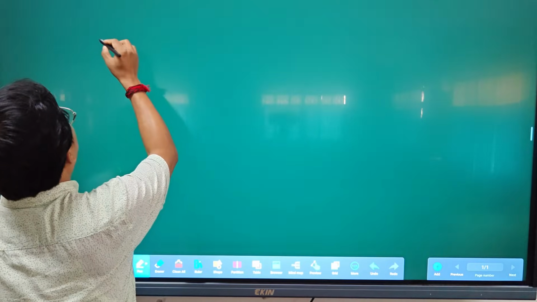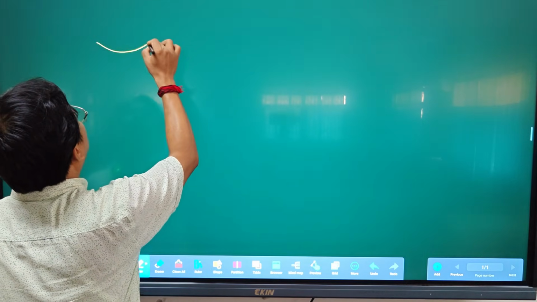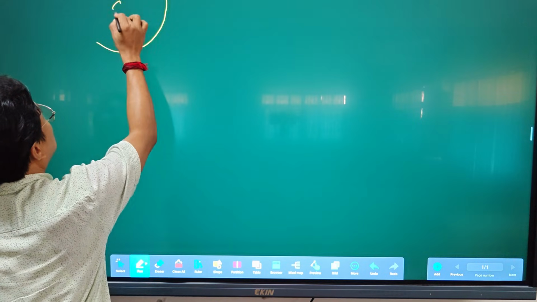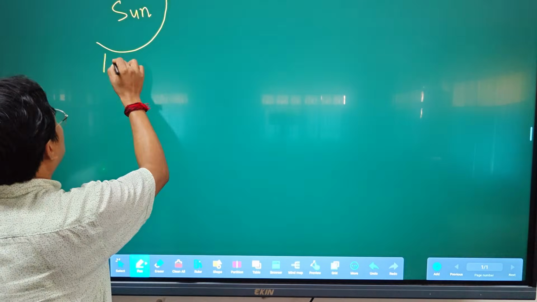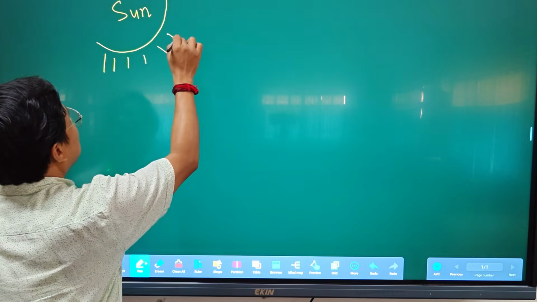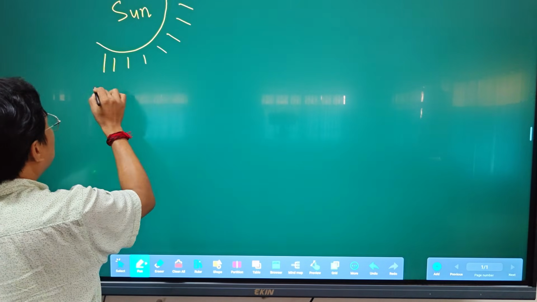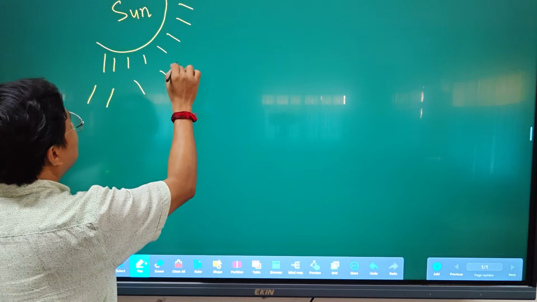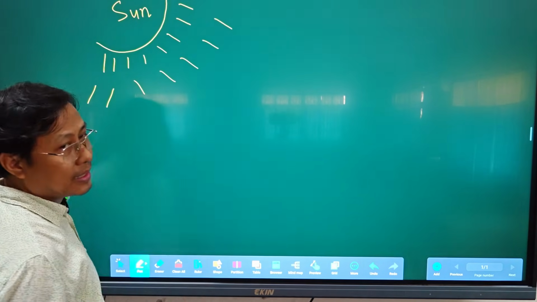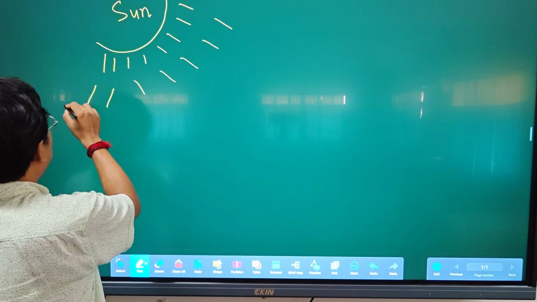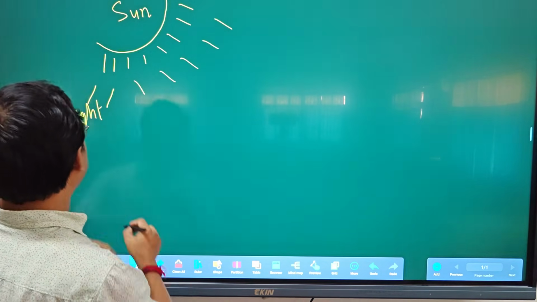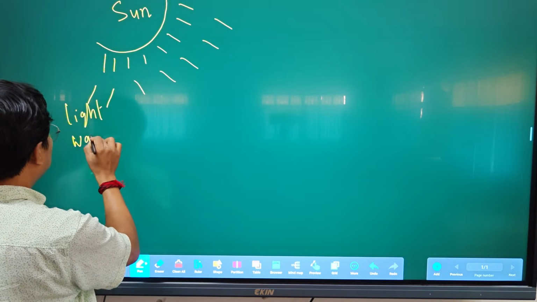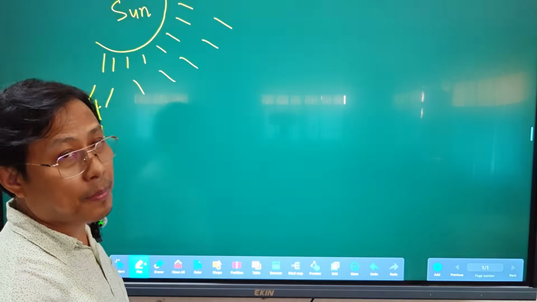The very basic example is the sun. The sun is constantly radiating light, so we are constantly getting light waves from the sun.